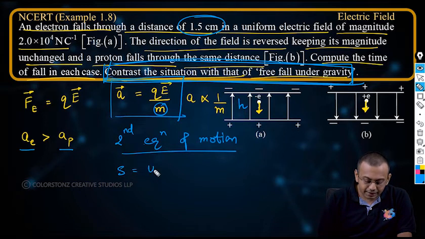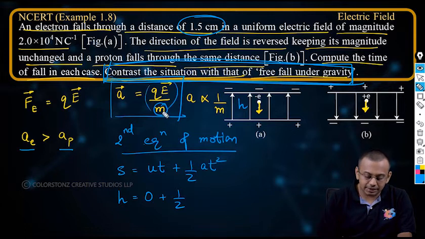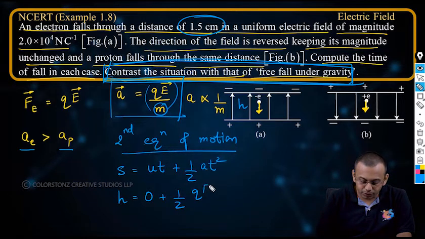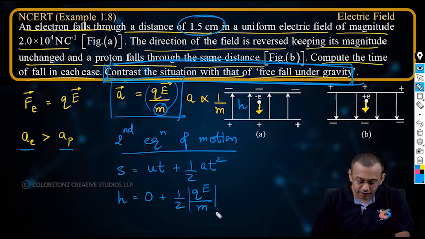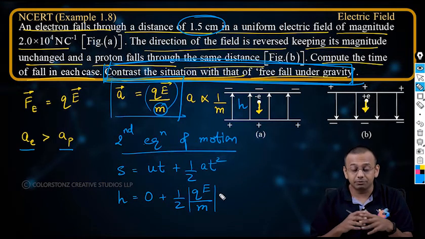So S is equal to ut plus half at square, and S here is h, u is 0, and the acceleration is QE by M. Here only the magnitude we need to take, because the direction we have already adjusted.